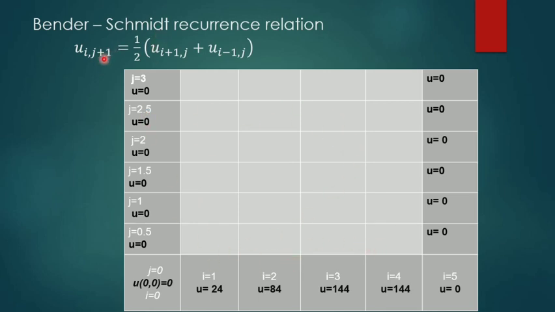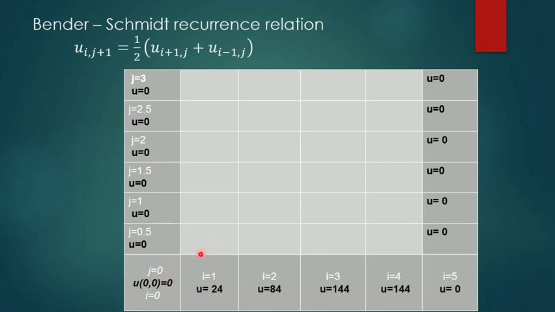From the formula you can see that any j plus 1th row is obtained from the u values of the previous row below, using i plus 1 and i minus 1, first column alone.